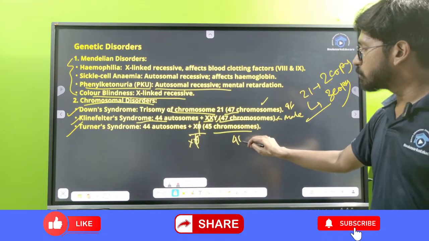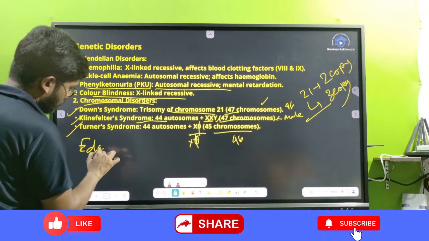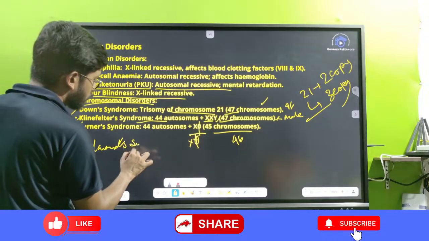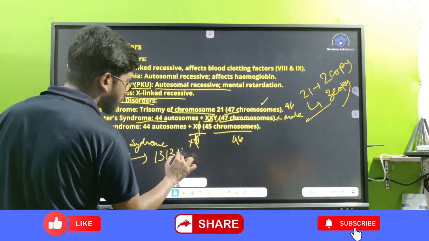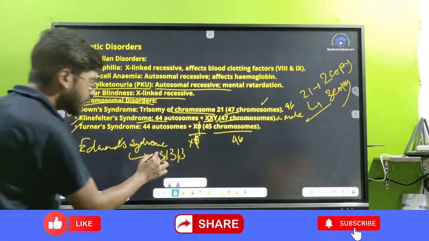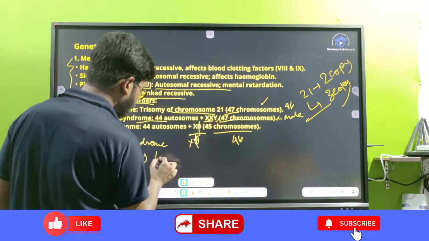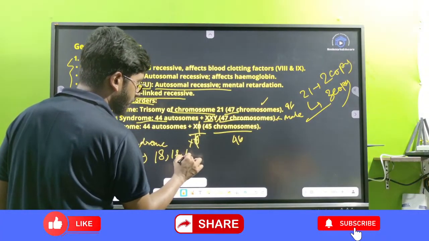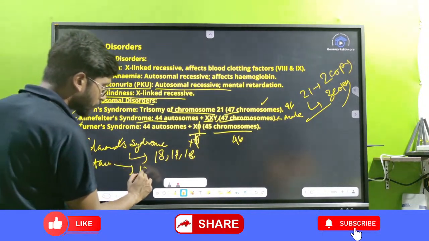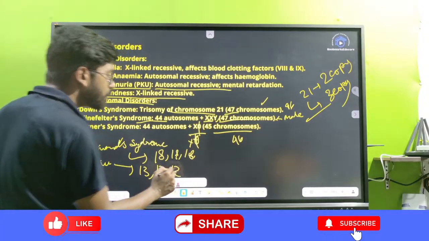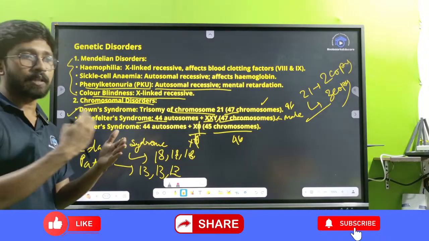रहना था 46 क्रोमोसोम, रह गया 45। Except that there is also Edwards syndrome, जिसमें क्रोमोसोम नंबर 18 में ट्राइसोमी आ गया। On the other hand there is Patau syndrome, जिसमें क्रोमोसोम नंबर 13 का ट्राइसोमी आ गया। ट्राइसोमी मींस 3 सोम as in 3 chromosomes, मोनोसोमी मींस 1 क्रोमोसोम.